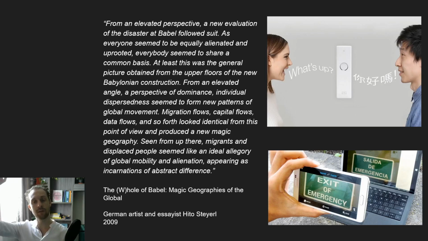Seen from up there, migrants and displaced people seemed an ideal allegory of global mobility and alienation, appearing as incarnations of abstract difference." So, if you're interested in the Tower of Babel story, if you read the Ted Chiang novel, I also highly recommend Hito Sterl's essay here, and I'll be happy to share a copy with you.